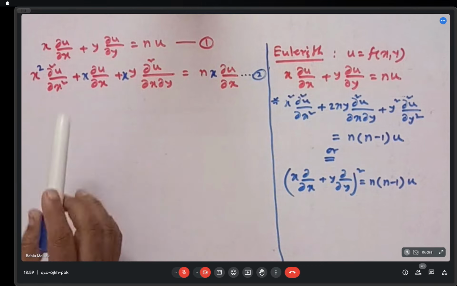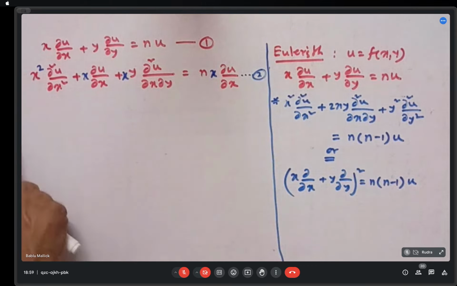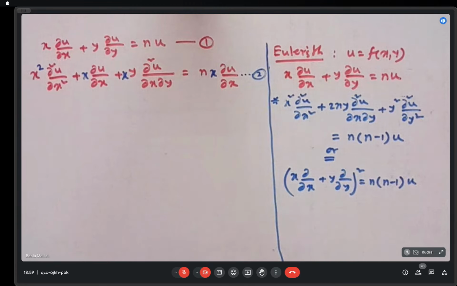Similarly, differentiating with respect to y and then multiplying by y, we will get almost similar results.